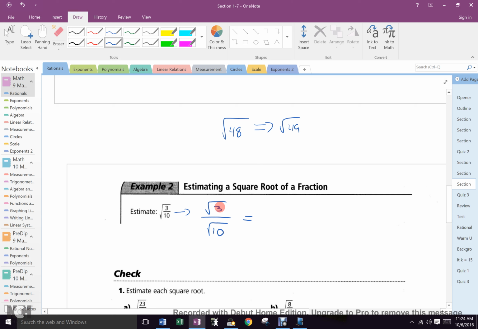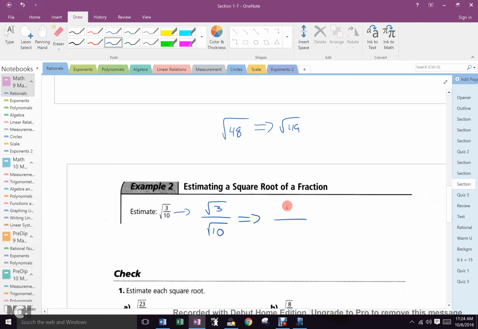What is 3 close to that does have a square root? 3 doesn't have a square root, but what's close to it that does? 1 and 4. Is 3 closer to 1 or 4? 4.